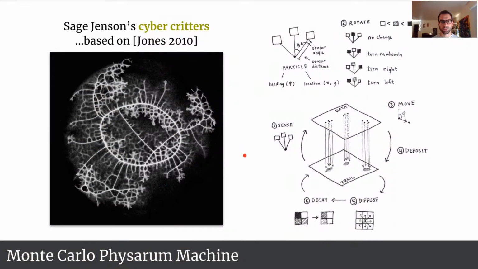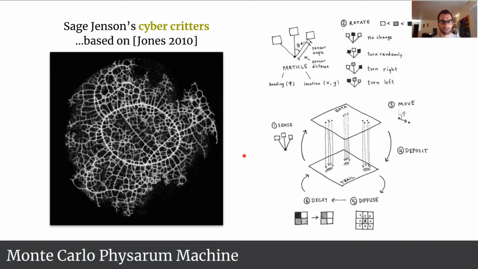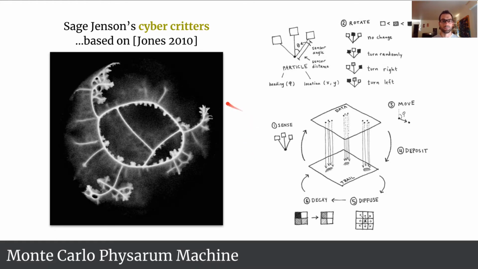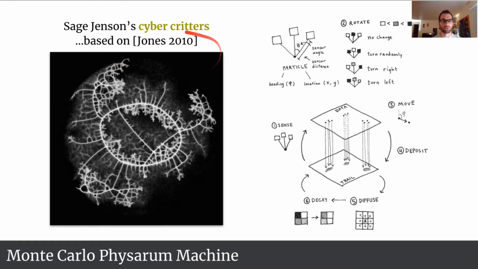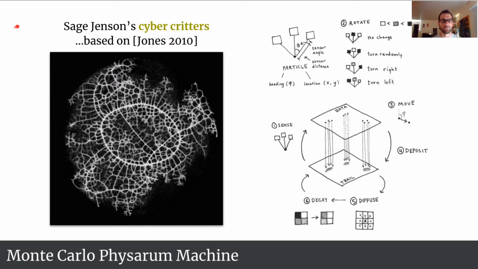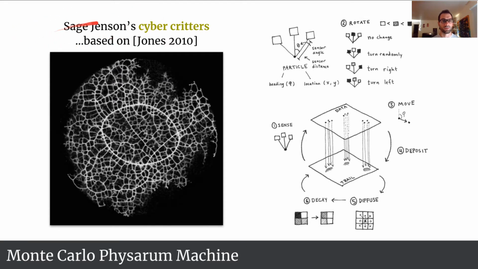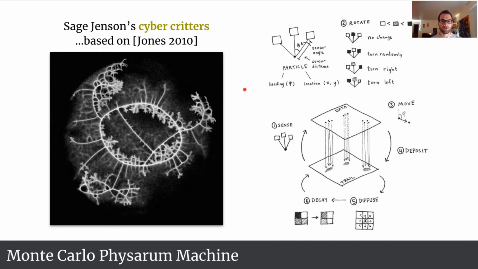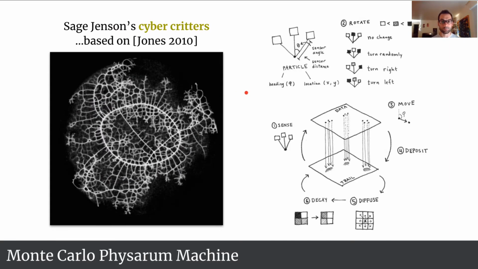Now, the real slime mold is quite impractical, so instead we went for a simulation of the slime mold. The simulation we're using is based on the work of Jones, which was also used recently by artists like Sage Jenson to create these beautiful animations. The model itself is actually surprisingly simple.